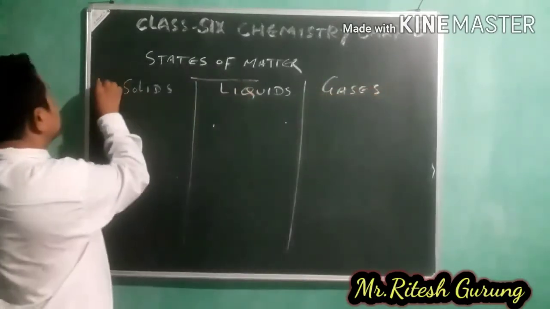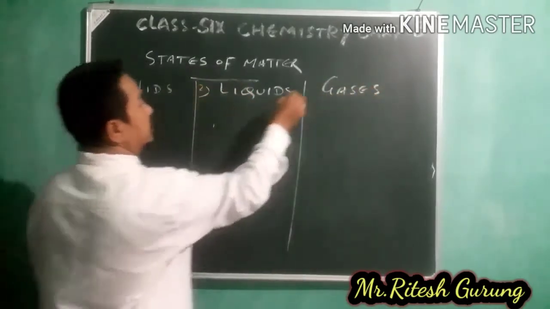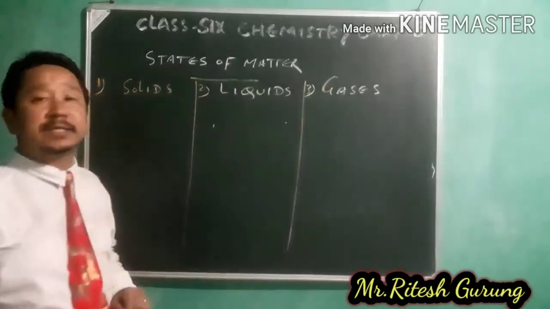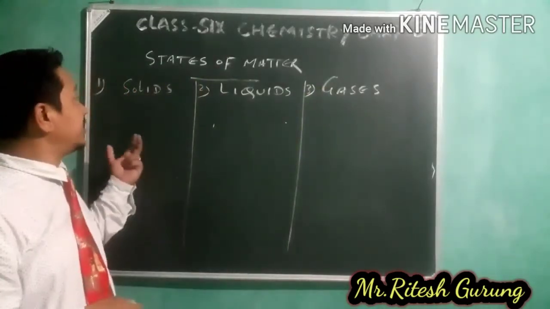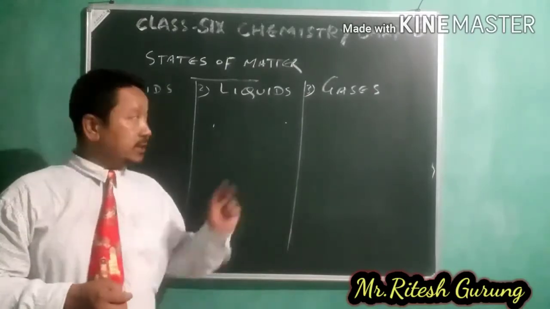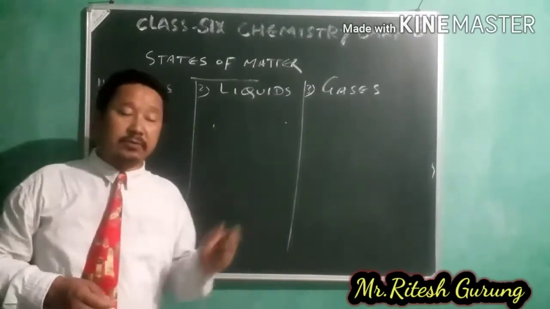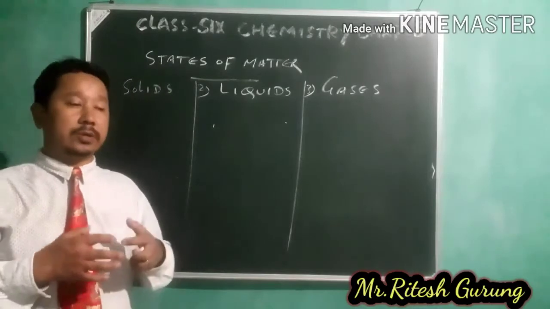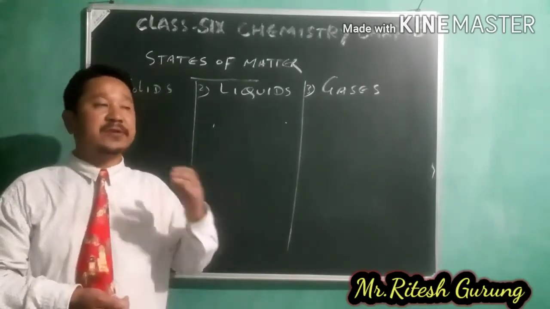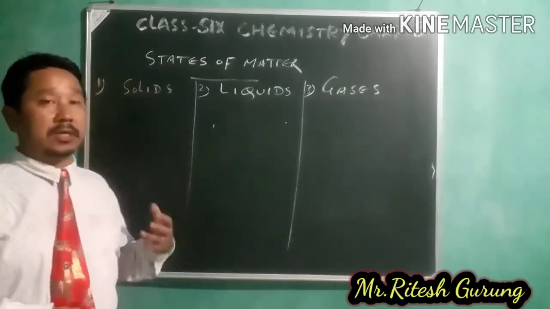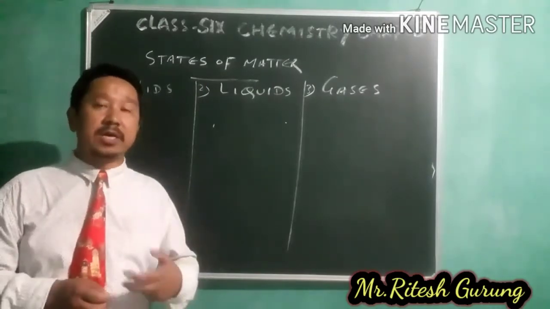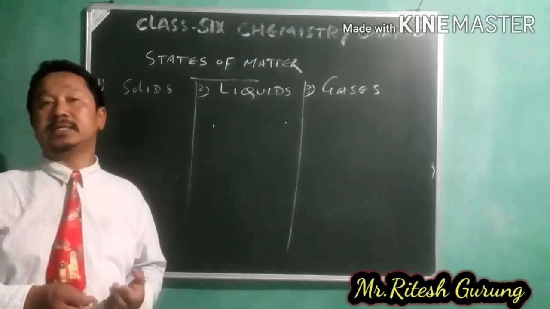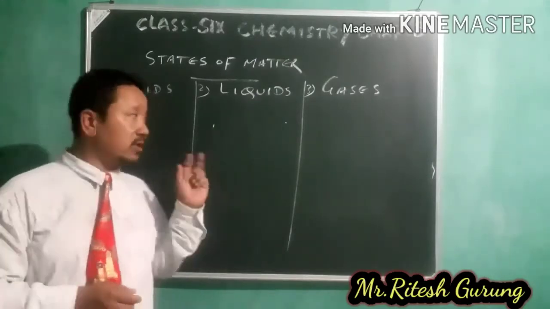First we'll talk about solids, then liquids and gases, and we'll also try to know the differences between the different states of matter. We'll have a comparative discussion on these states of matter.